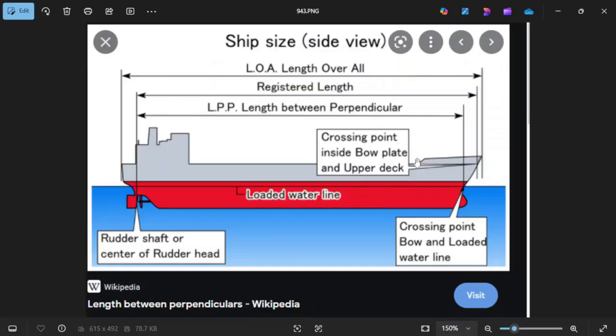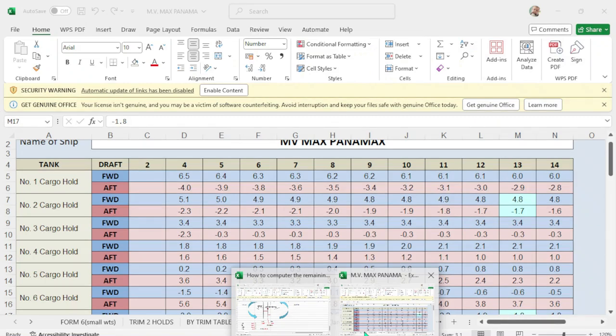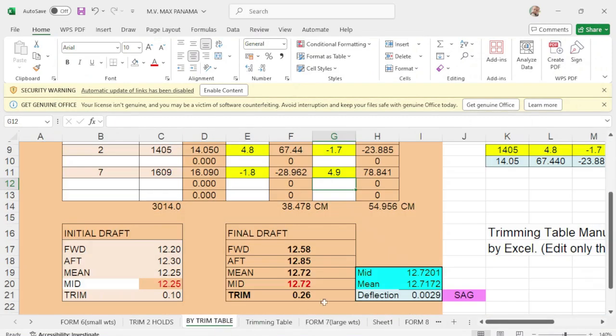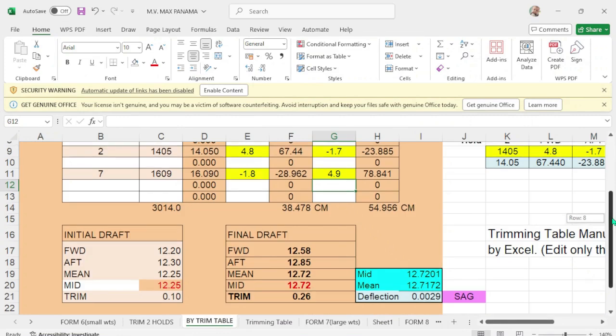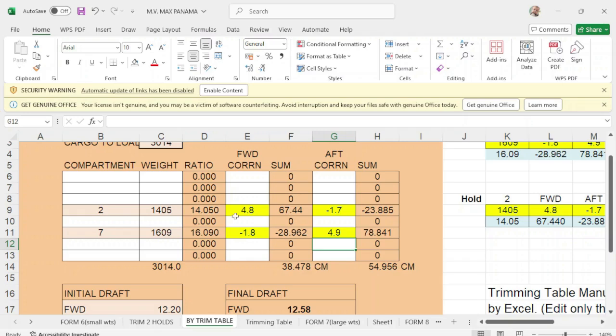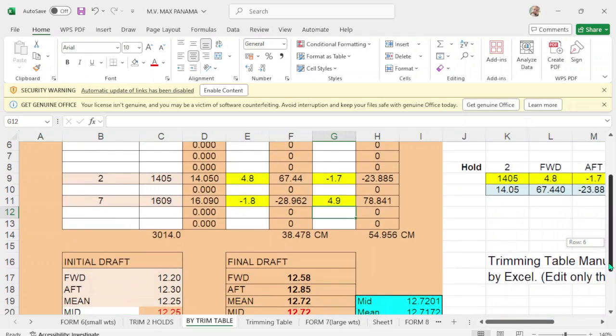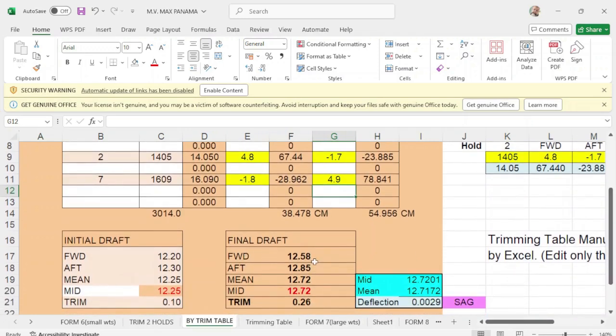Hold number 2, probably around here. The forward correction is 4.8, somewhere around here. Now we will adjust this forward correction to make it 5.7. Okay, now we will adjust this one.